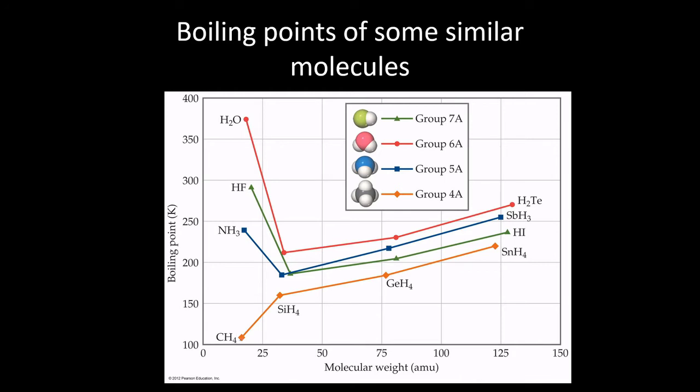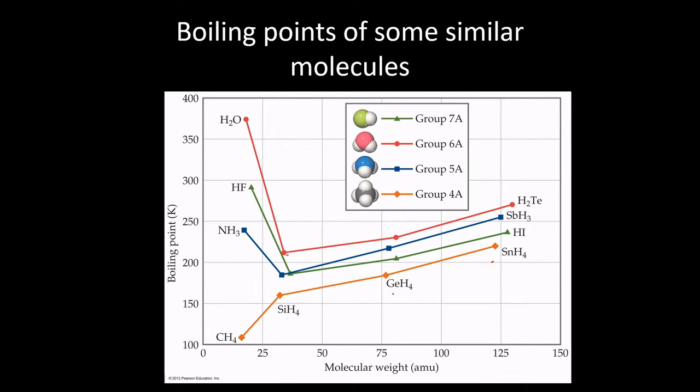We can see the four that we just looked at, CH4, SiH4, GeH4, and SnH4, and it's doing exactly what we thought it was going to do. The lowest boiling point is methane, and as you go to the next largest molecule, and the next one, the boiling point just gradually increases. That makes sense based on our knowledge of dispersion forces.